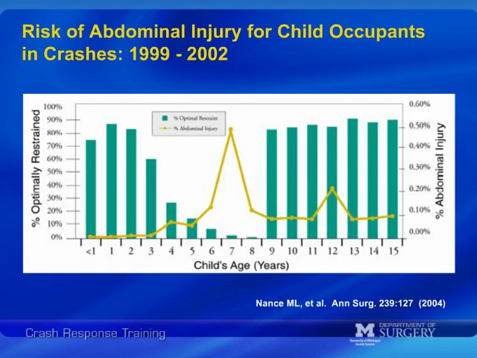Once they get up to about 9 or 10, they fit a little bit better, although not optimally, into the adult belt systems. It's this age 4 to age 8 or 9 region where the body build of these children is particularly ill-suited to the design of seats and seat belts.